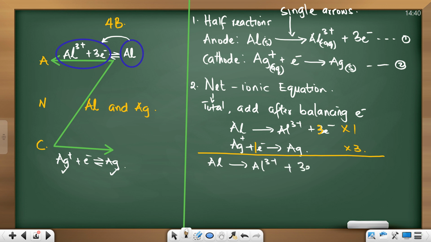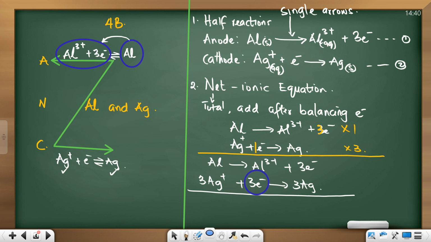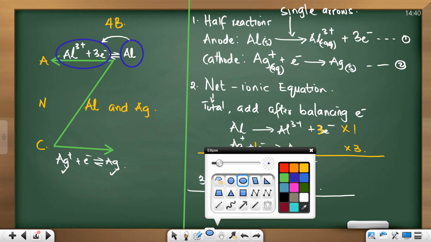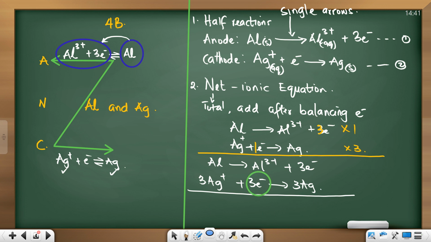Al3+ plus 3e- because I'm multiplying by 1. This gives me 3Ag+ plus 3 electrons to give me 3Ag. Now you add. Once the electrons are balanced, 3 there, 3 there, it's now balanced.